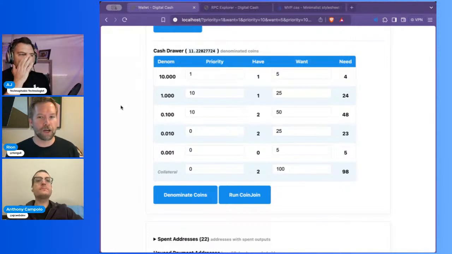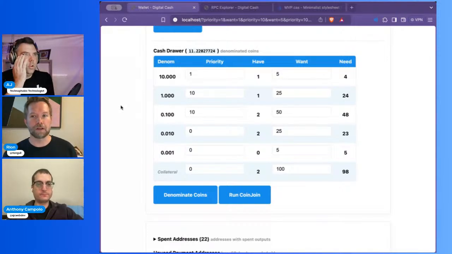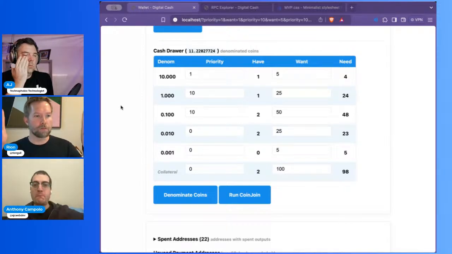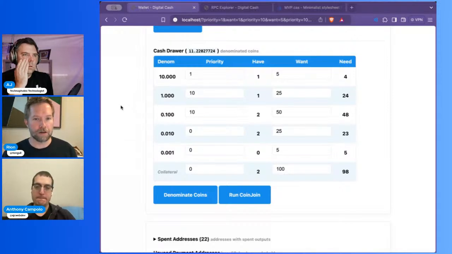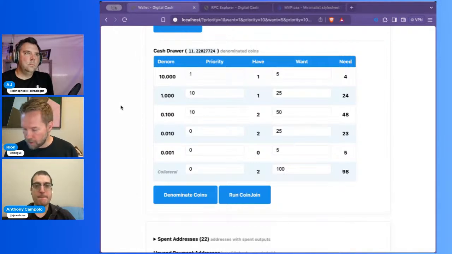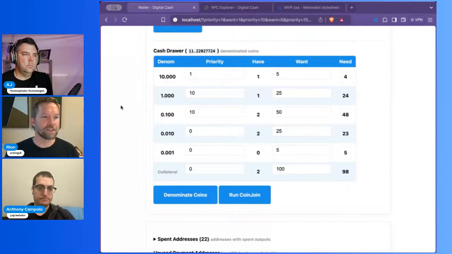I know. I'm describing it for the folks at home because historically we had a term called private send. Then in the Ryan Taylor era of Dash Core Group, there was a push to unbrand private send and not use the term private, because the Japanese regulators didn't like that for whatever reason.